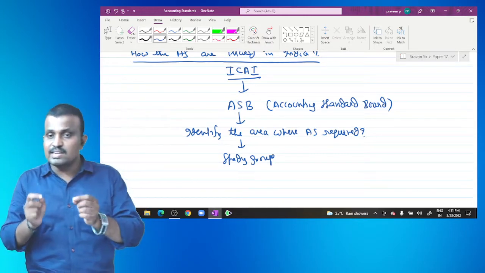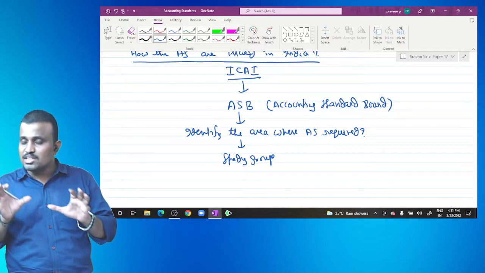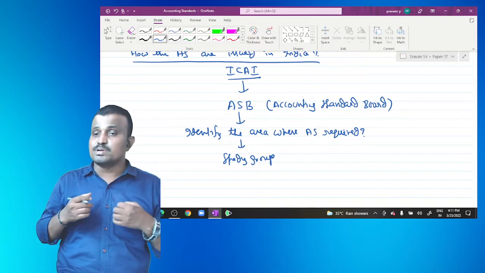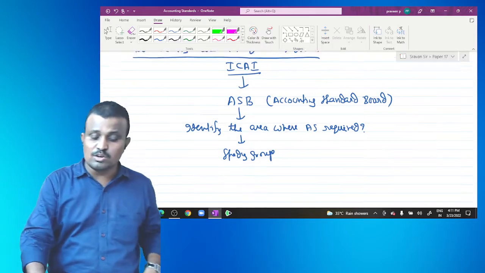Then they conduct research, obtain the information relating to the respective area, and prepare one draft document.